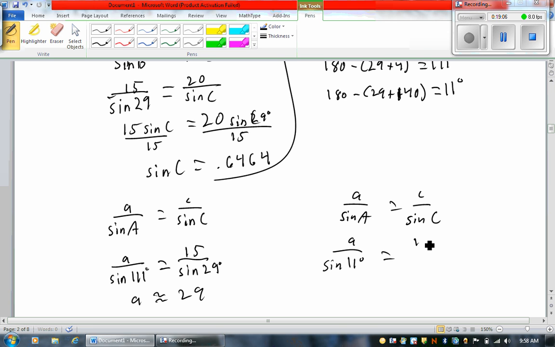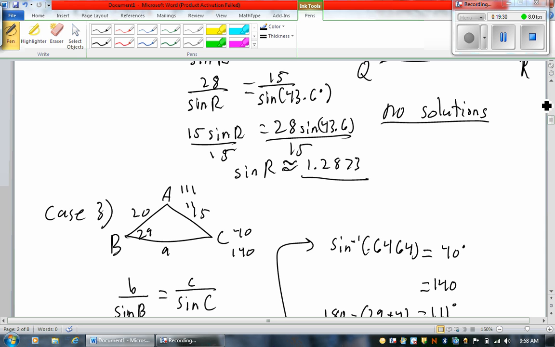Our side c is still 15, and the sine of 29. But this time, a is going to be approximately equal to 6 when you do out the cross multiplication. So a could be, in the first case, 29, and in the second case, 6. We have two different triangles because we had two different angles for angle C.